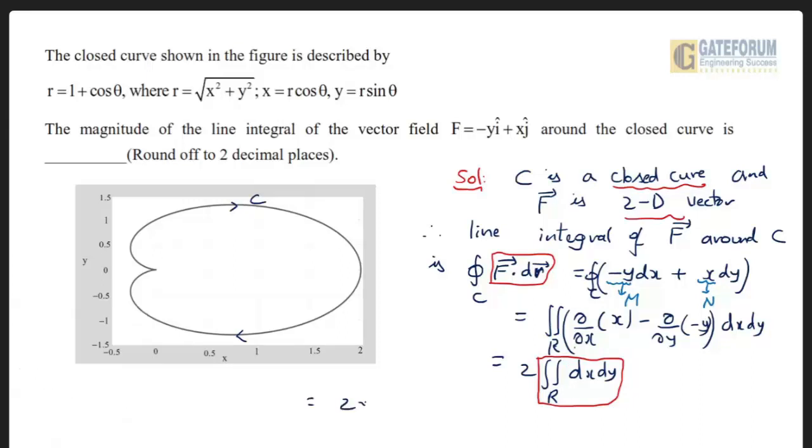So this is equal to 2 times the area of the region R bounded by C. So this is region R, that shaded region.